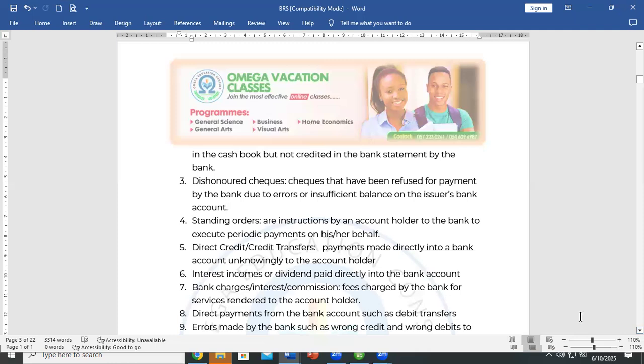The next one is direct credits or credit transfer. And what this simply means is that somebody has made payment into your account of which you are not aware. Okay, so as we are in class right now, if somebody has sent you money into your Momo account, you may not know. So you'll be there thinking that you have 250 cedis in your account.